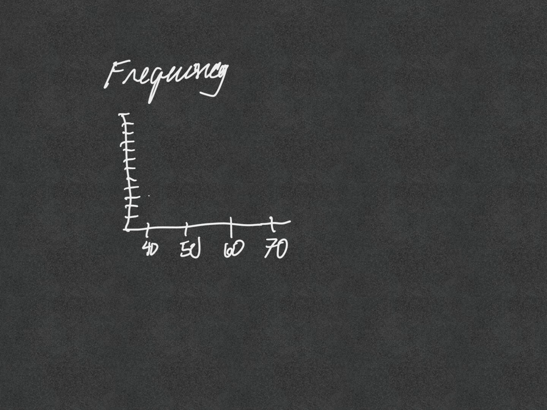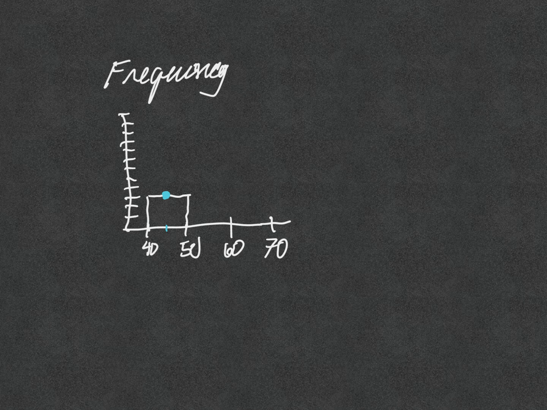When we made a histogram, we'd make a bar. But what we do with a frequency polygon is, over the midpoint of the category, we put a dot.